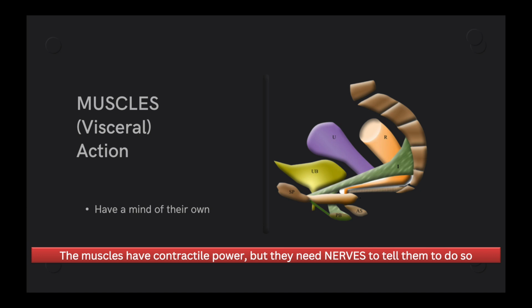These viscera have their own muscles which work, again, in a well coordinated manner. They have the contractile power. However, they also need a boss to tell them how to work and when to work, and that boss is known as the autonomic nervous system.